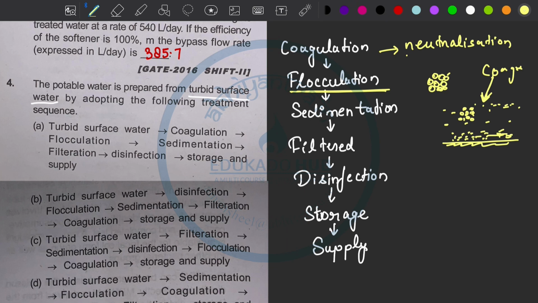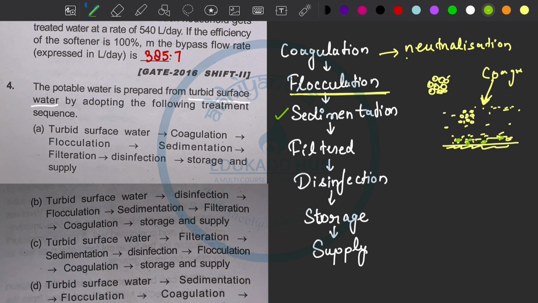When they settle down, the process of sedimentation happens. Sedimentation is done so that the large flocks formed in flocculation settle down. And then finally filtration is done to remove very small particles. See, sedimentation works for larger particles, and very small particles are removed by filtration.